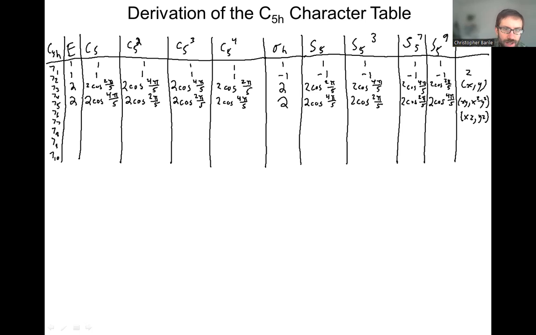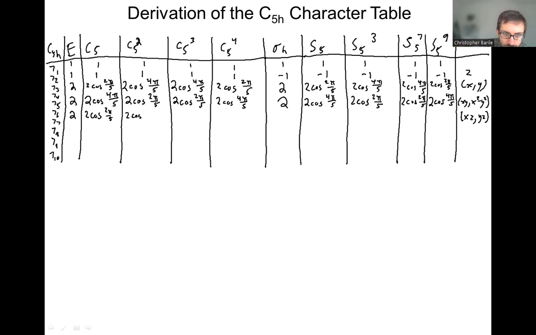And so this ends up being quite straightforward because we did all the math 2 videos ago to see how x and y transformed. But z didn't do anything. So if we're multiplying by z, for identity, of course we're going to have a 2 here, but z didn't do anything when we do a C5 on it. And so we're going to get the same character as what we had for xy. So this is going to be copied through, when we have positive ones for xy.